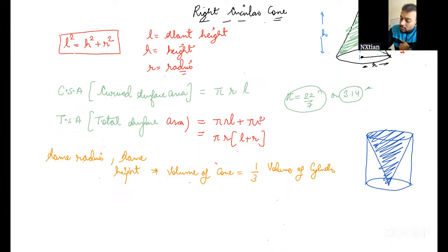And the volume of cylinder is pi r square h. So the volume of cone is 1 by 3 pi r square h.